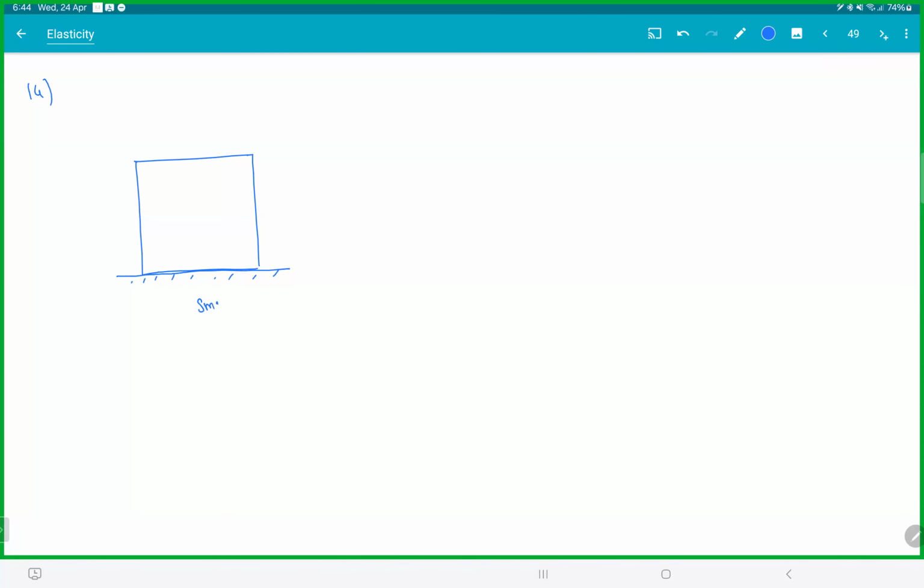So the ground is smooth. We have a cube of side L. Rigidity modulus is eta. There's no force. When you apply force, the cube actually becomes like this.